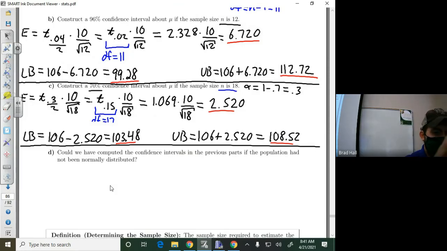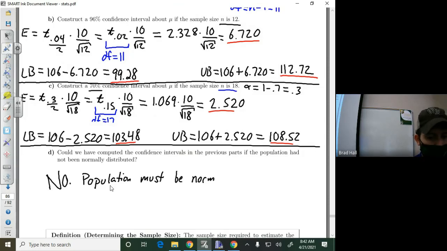And then to answer the next part, can we compute the confidence intervals if the population had not been normally distributed? No. Population must be normally distributed.